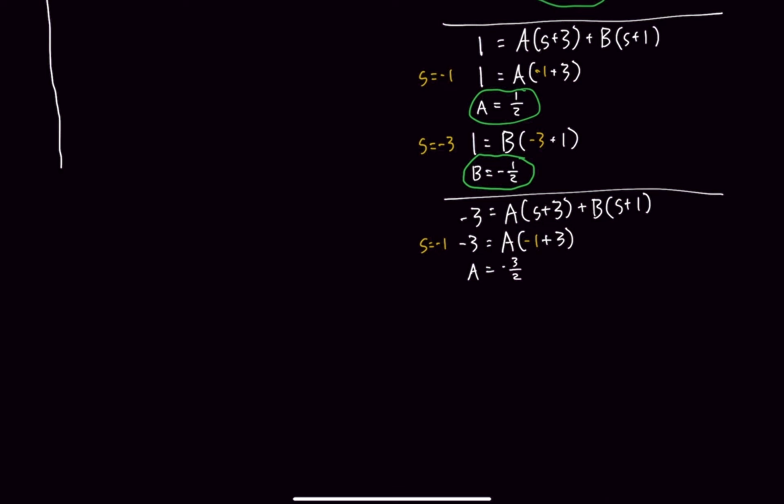That's our third A. And then s equals negative 3 gives us negative 3 equals, the A term is going to go to 0, so B times negative 3 plus 1, which is negative 2, going to give us B equals positive 3 over 2.